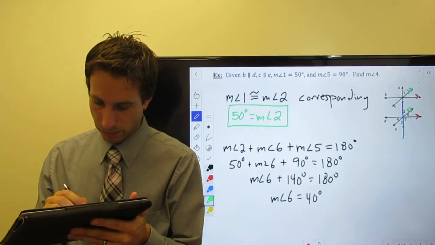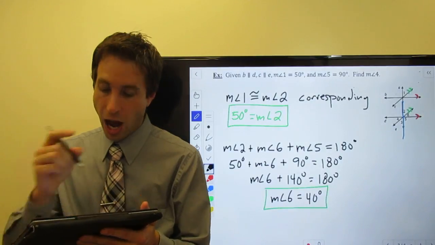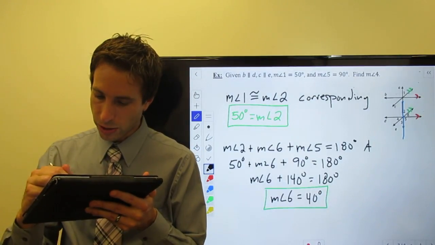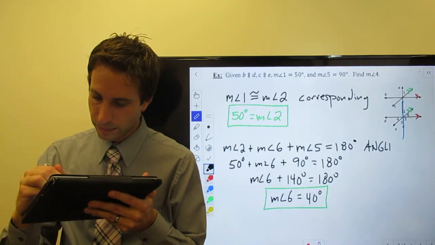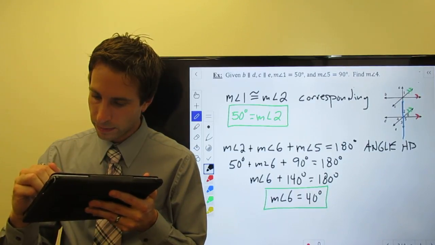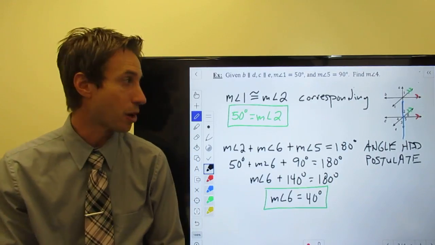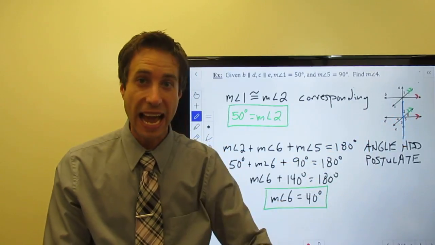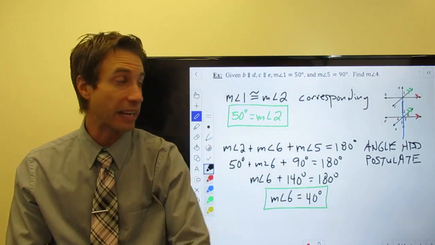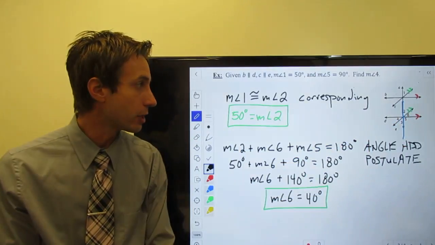Okay, cool. Again, this is the angle addition postulate. Right, just simply use the angle addition postulate. The sum of all of the angles must equal the bigger angle, which is 180 degrees.